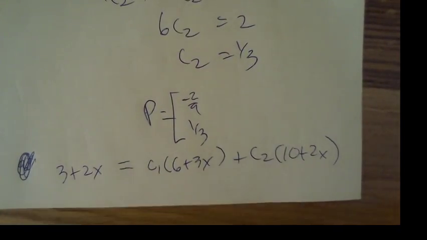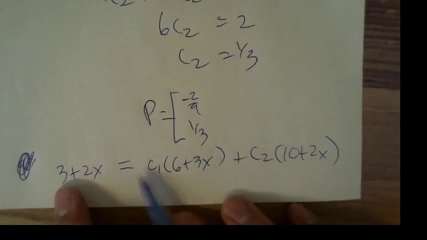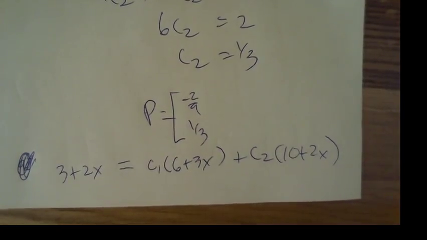You distribute, you put together, you distribute here, and then you set the components equal to each other and solve the coefficients.